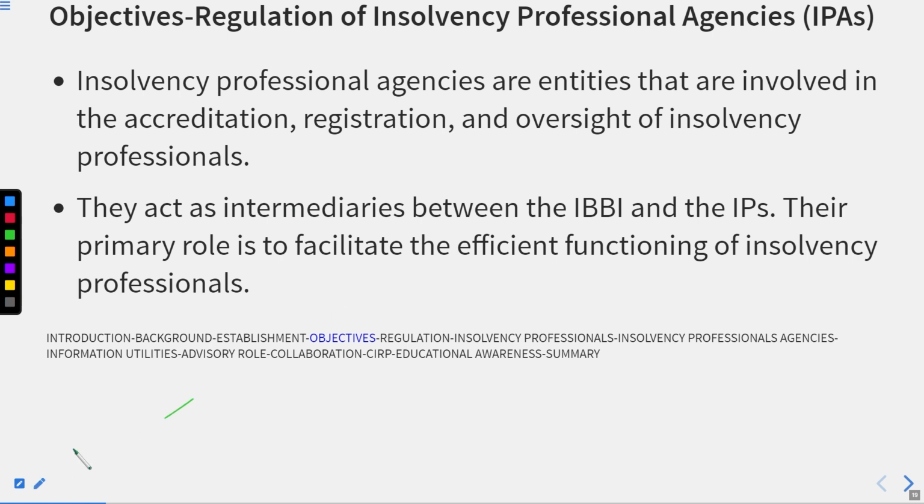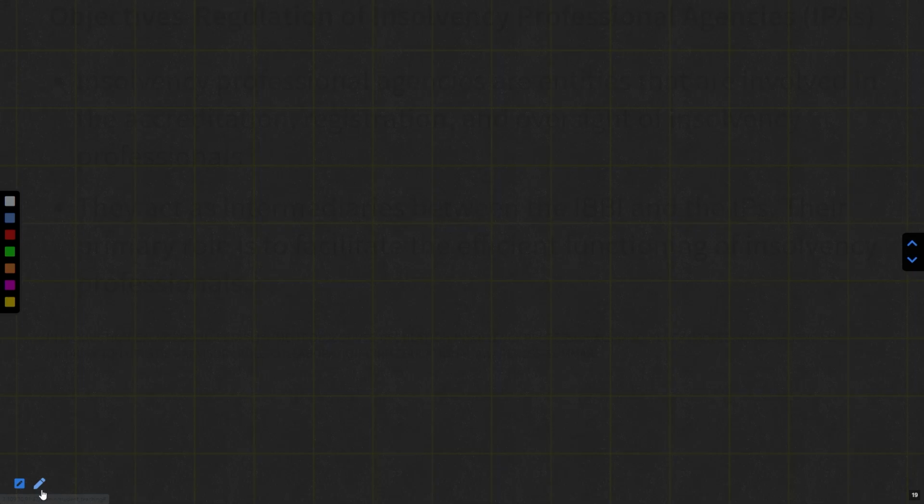Now, by reading this particular paragraph, I have obtained a particular diagram in my mind. Let me share it with you.